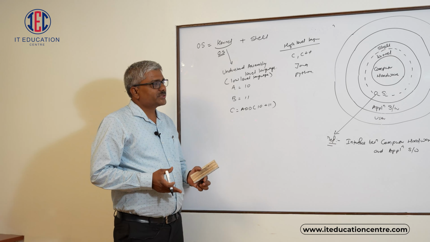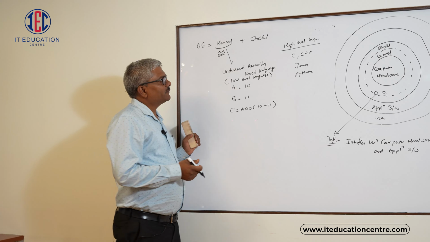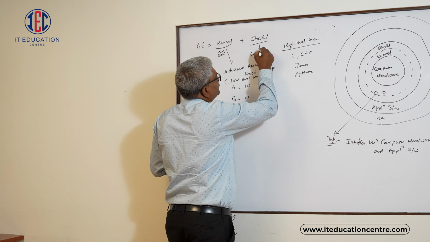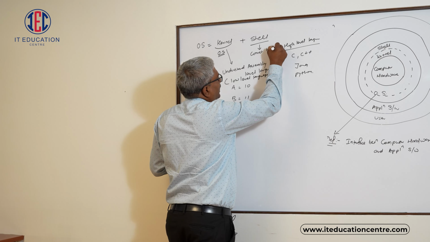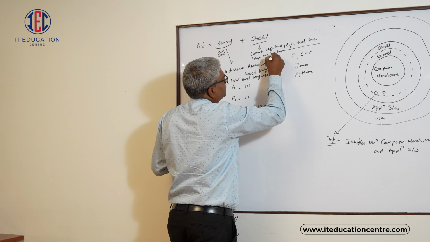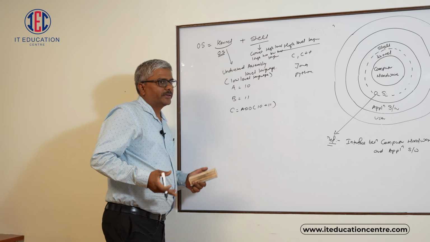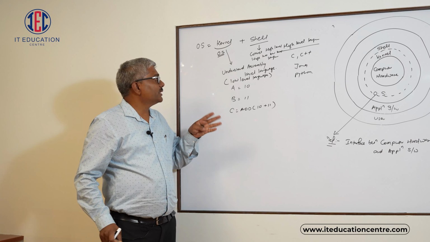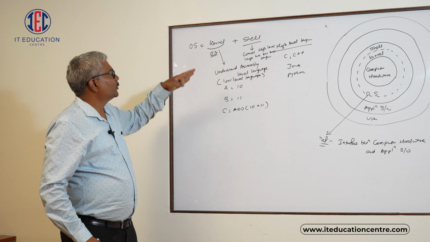Now, what is shell? The shell converts high level language into low level language. Whatever code we have written in high level language, it will convert into low level language. The shell provides that output to the kernel.